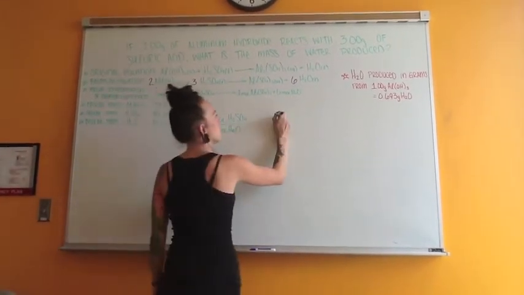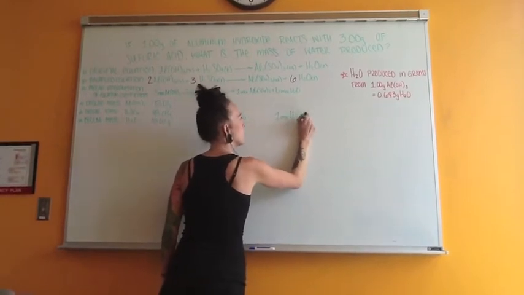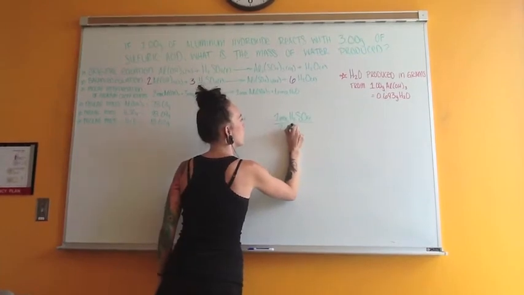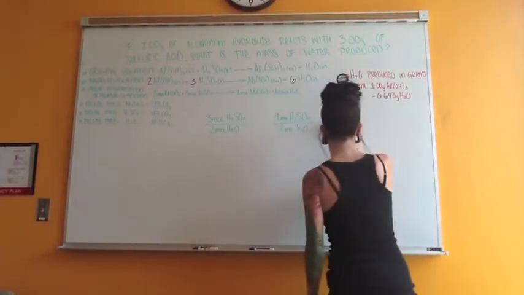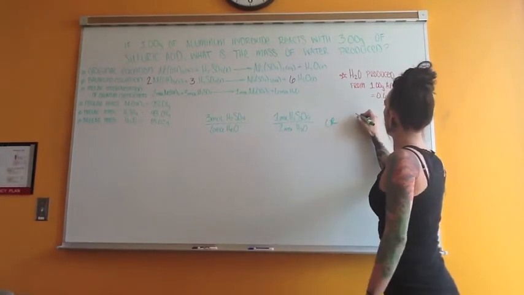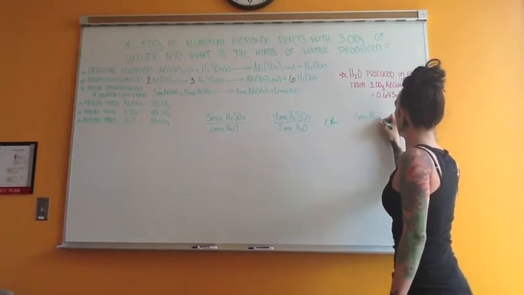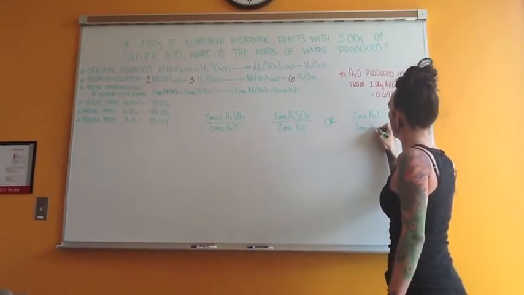So we have 1 mole of the sulfuric acid to 2 moles of water. And we will also have its reverse of the 2 moles of water to 1 mole of sulfuric acid.